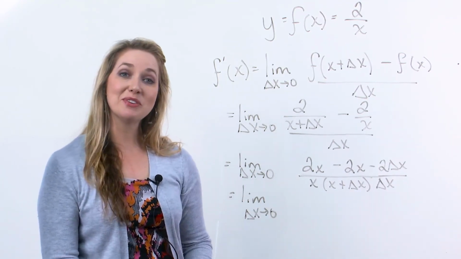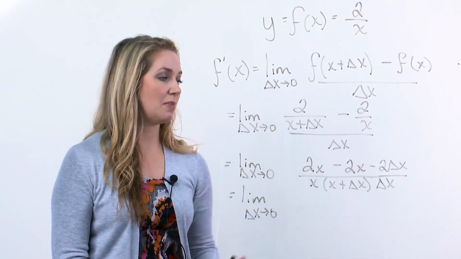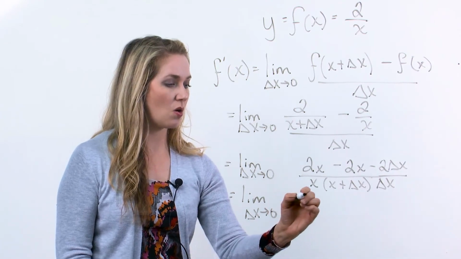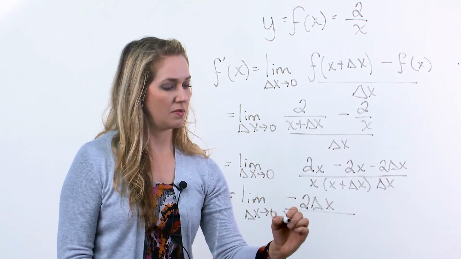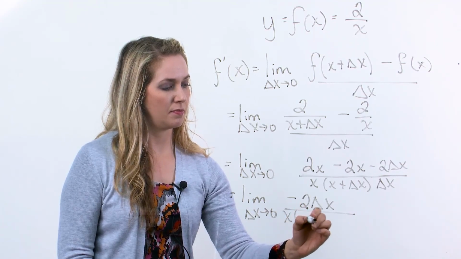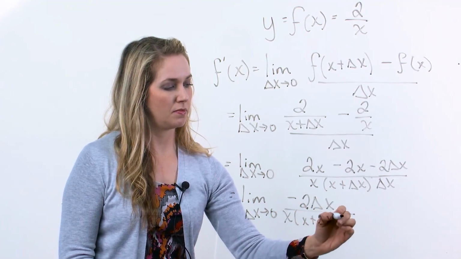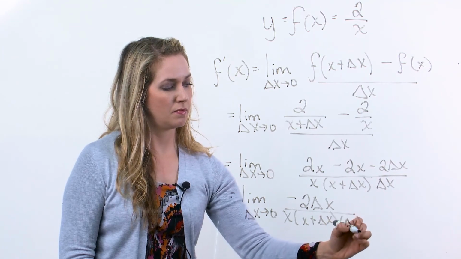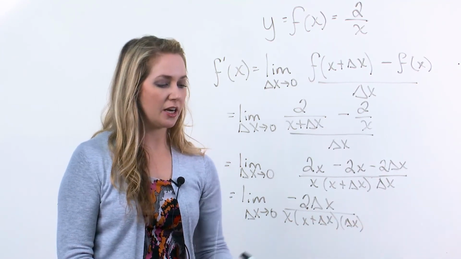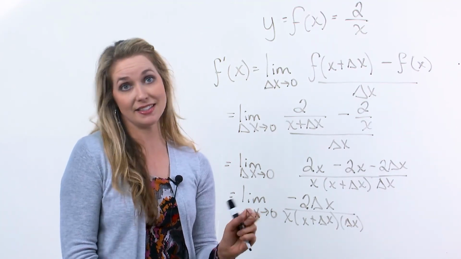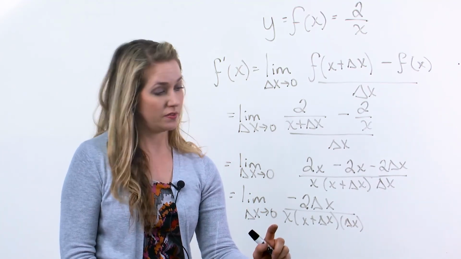So now I'm going to start simplifying. 2x minus the 2x cancels out, or adds to 0. And at this point, I can divide numerator and denominator by delta x, because delta x isn't 0, it is getting close to 0.